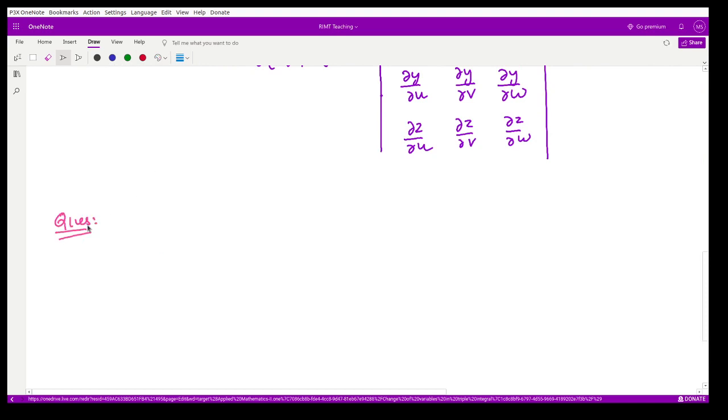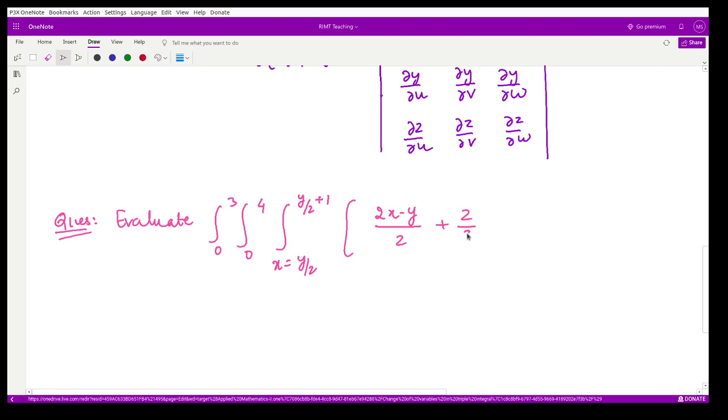The question is: evaluate the integral from 0 to 3, from 0 to 4, with x varying from y by 2 to y by 2 plus 1, of the function 2x minus y divided by 2 plus z by 3, with respect to dx, dy and dz.